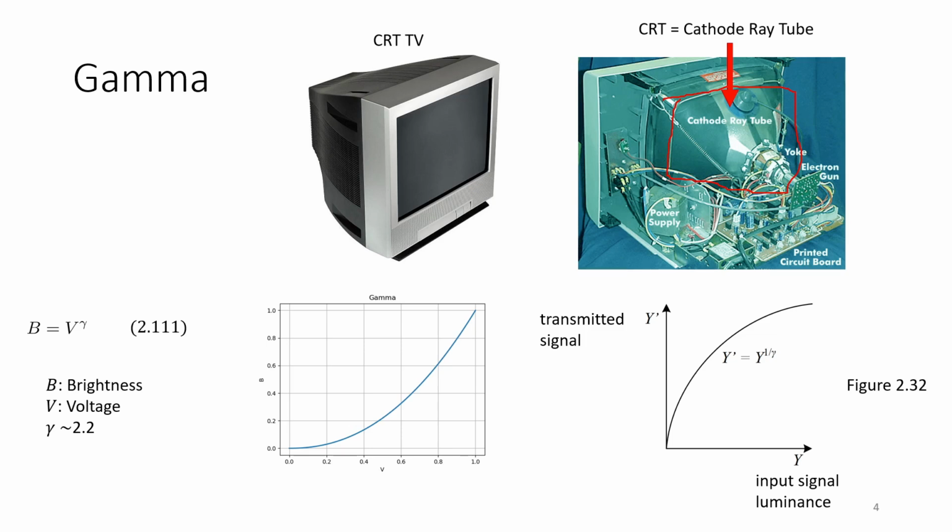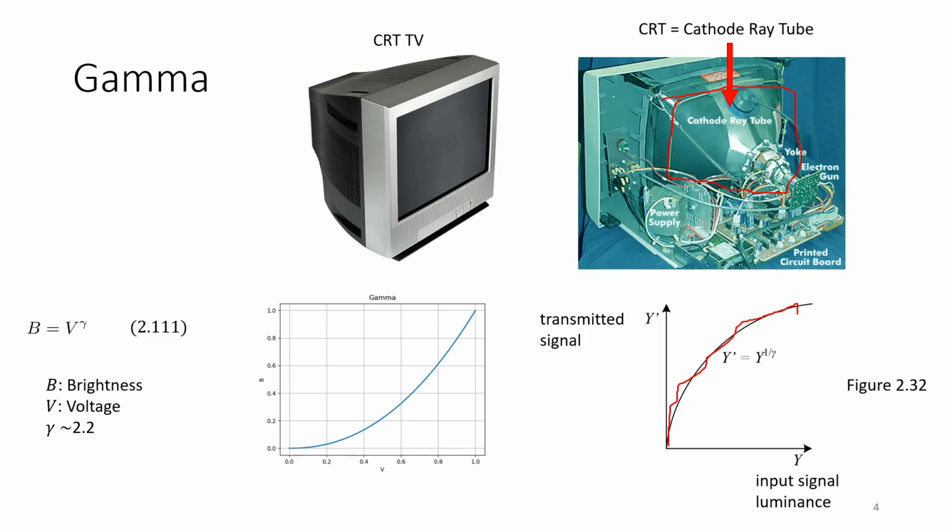It looks like an exponential function, and the power is around 2.2. Therefore, if we want to get the brightness as we expect, we need to adjust the input with an inverse curve. So this is y to the power of 1 divided by gamma. This is called the gamma function.